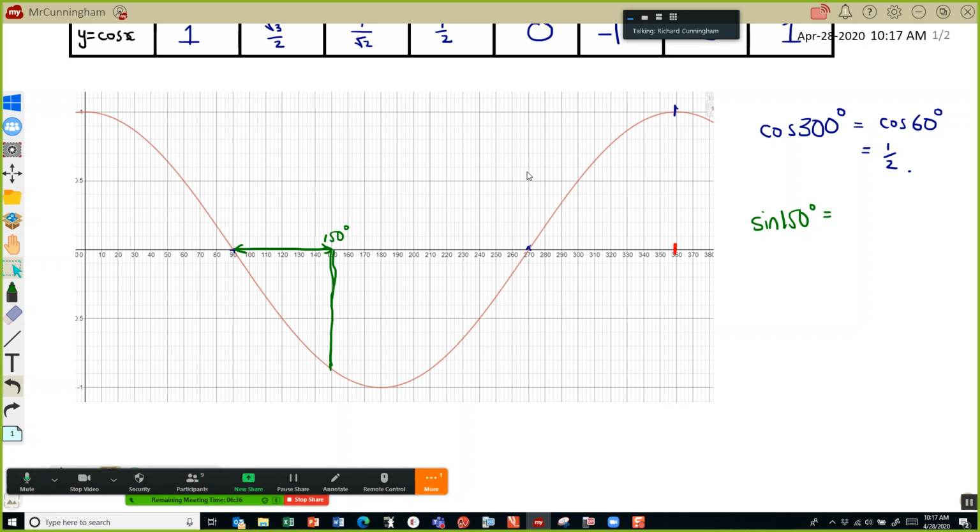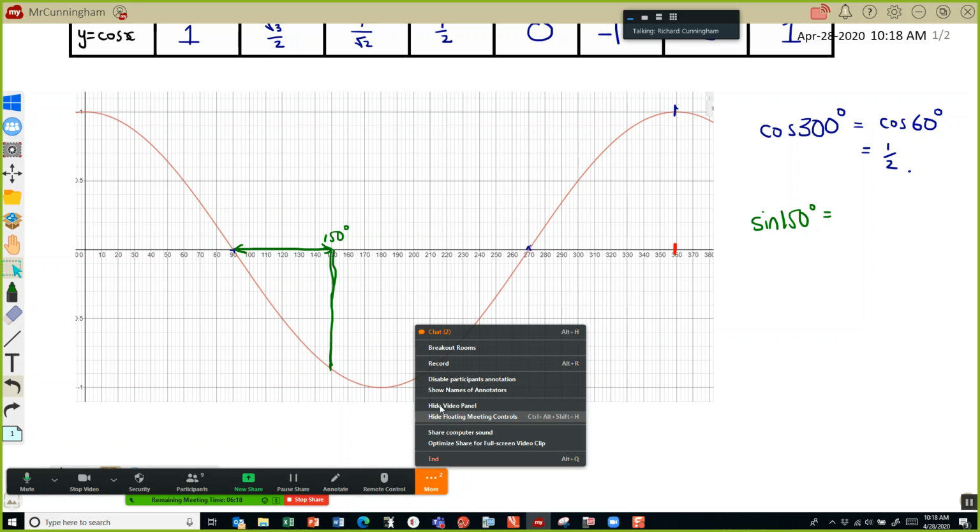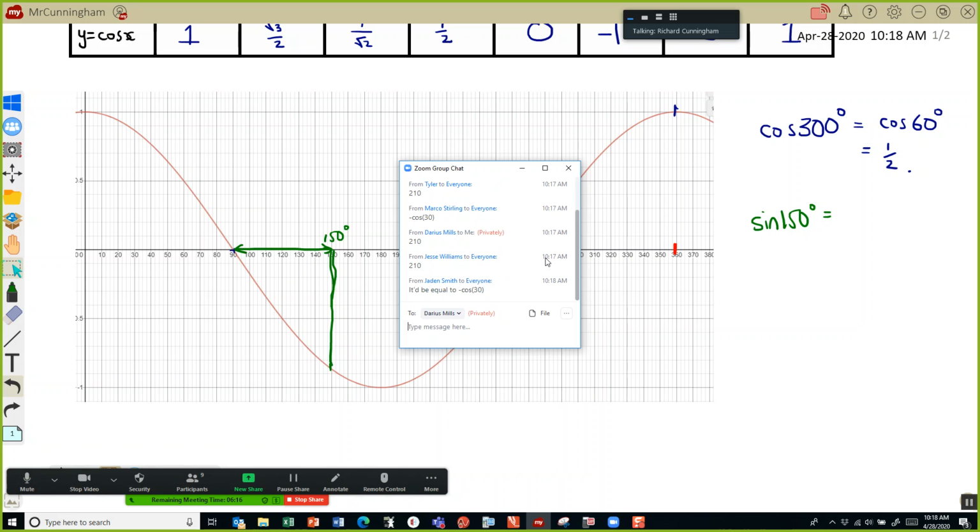So when you work out sine 150, you'll just get a numerical number out. Okay, we don't have much time left actually. So let's have a quick look.